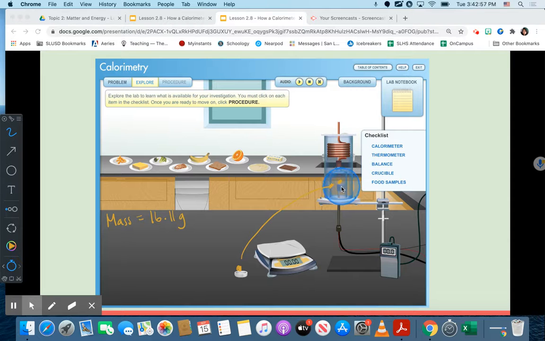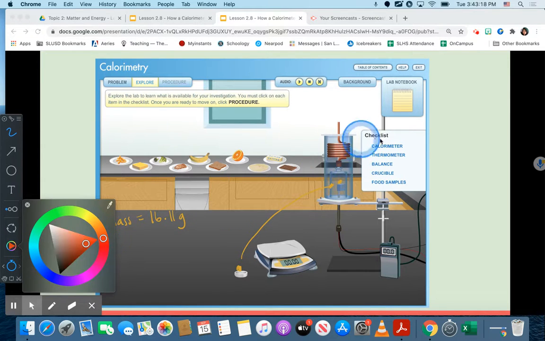In the calorimeter, when I close this device, it's going to fill up with water. And the reason why we use water to calculate calories is because we know the specific heat of water. The equation for calculating calories is Q, so Q is calories, equals the mass times the specific heat of water times the temperature change of water.